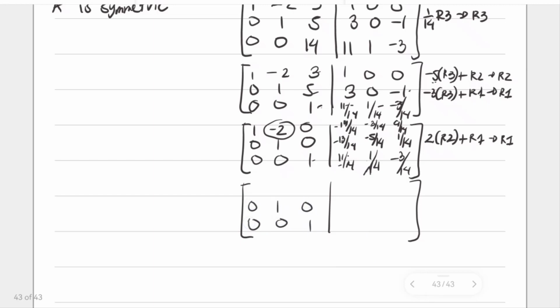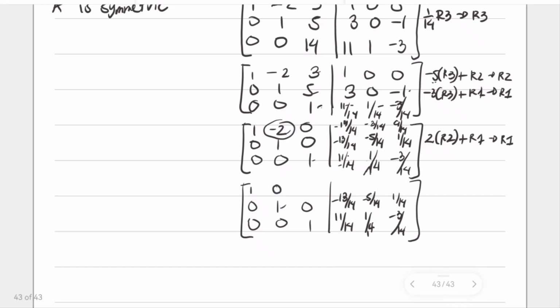In short, this is still 11 over 14, 1 over 14, negative 3 over 14, negative 13 over 14, negative 5 over 14, and then you have 1 over 14, but this is still 1. 2 times 1 is 2 plus negative 2 is 0.